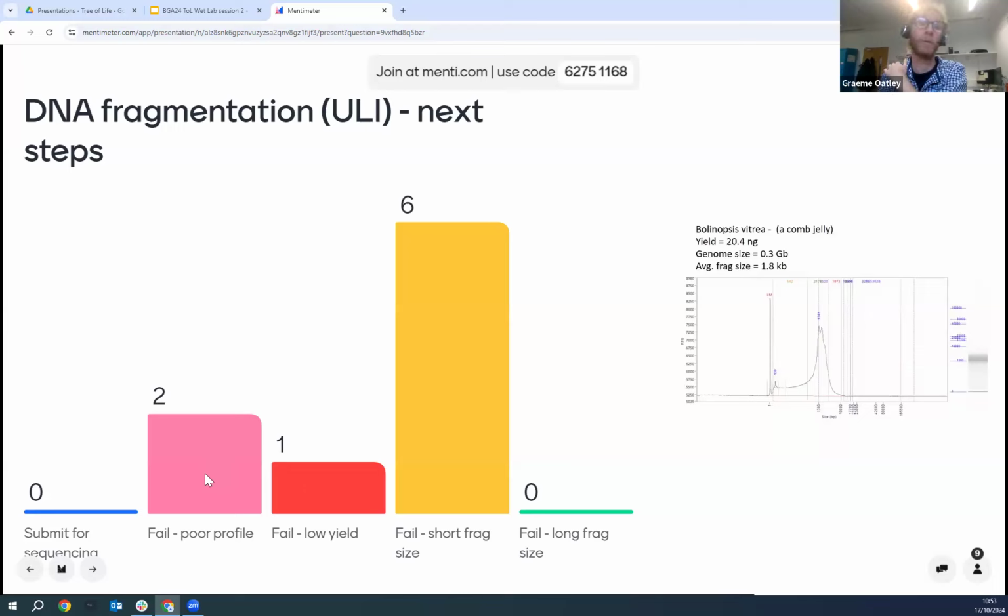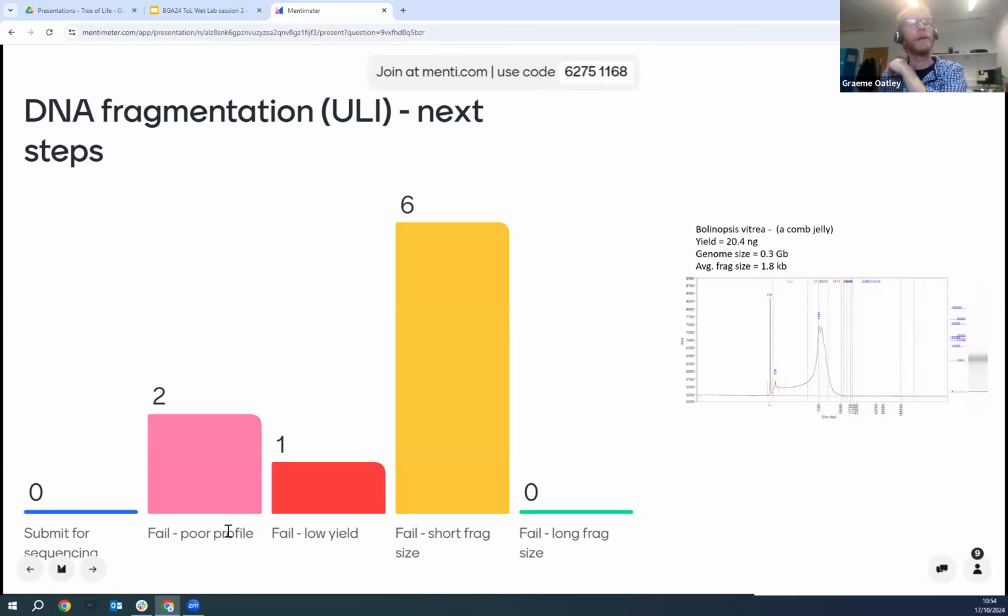I would lean more towards saying that it's a poor profile, because you can still have a short average fragment size that has a beautiful looking peak, but it's just too short. Whereas with this one, we feel that the shearing process hasn't worked very well: there's a lot of low molecular weight DNA to the left of the main peak that hasn't been spried away or size selected away during our spry process.